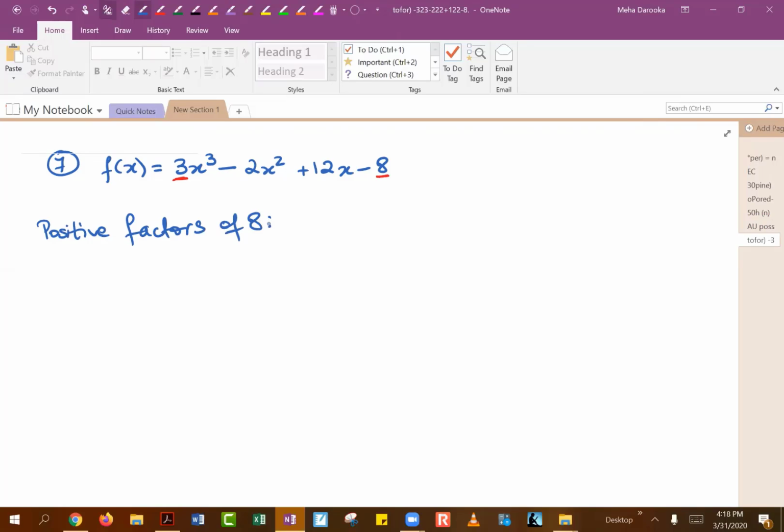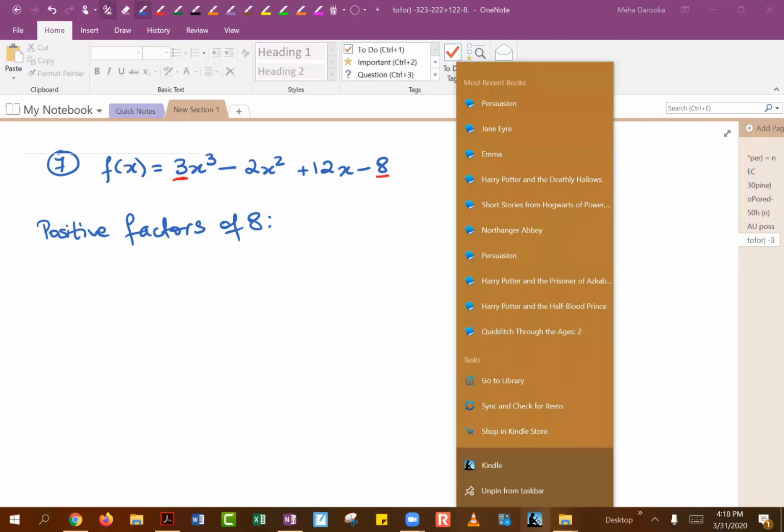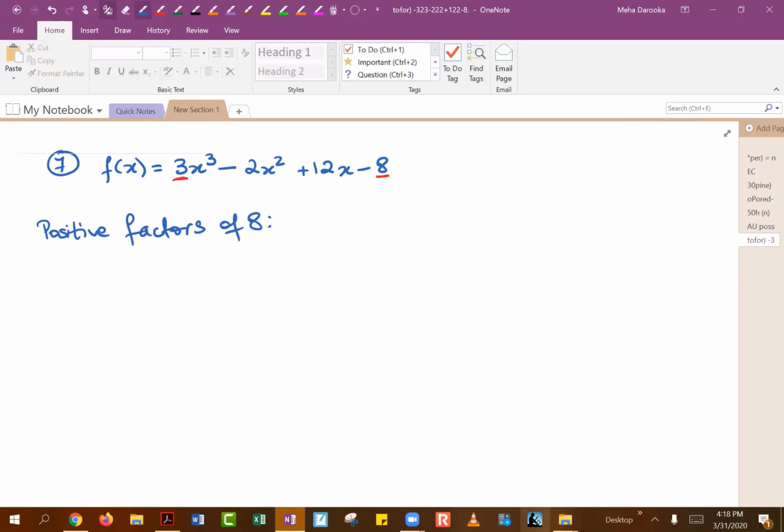So 8 can be 1 times 8 or 2 times 4. So you can actually write those as 1, 2, 4, and 8, right? Same thing for 3. We'll look at the positive factors of 3. And 3, of course, is just going to be 1 and 3.